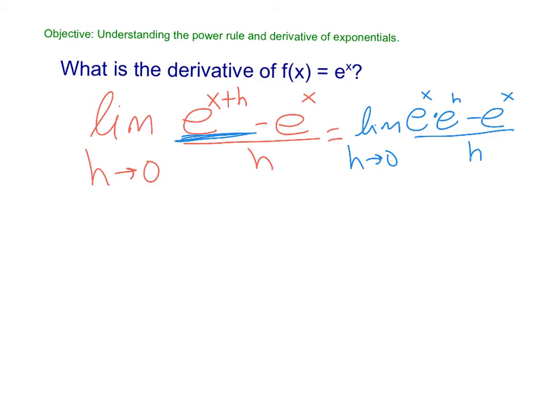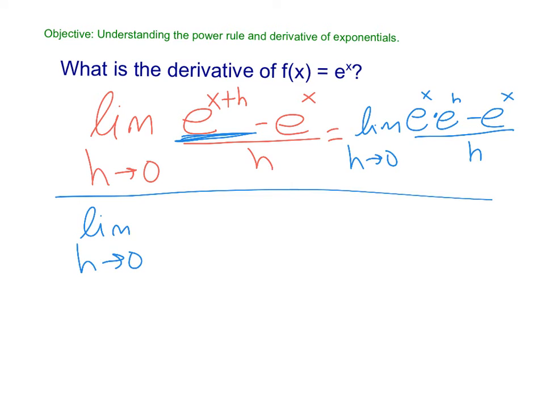All right, so then I'm gonna factor out that e to the x. So we have the limit as h approaches 0 of e to the x times what's left: e to the h minus 1 all over h.